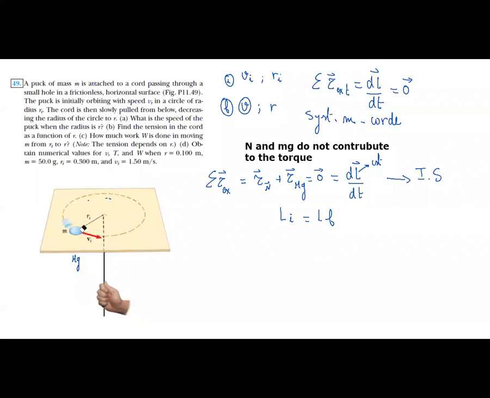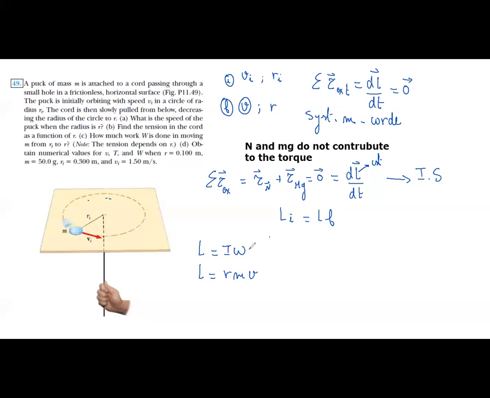Okay. Initially, we have a pure rotational motion, so we can apply directly the relation as you like. You can apply in general L equals I omega, or you can apply L equals R m v.